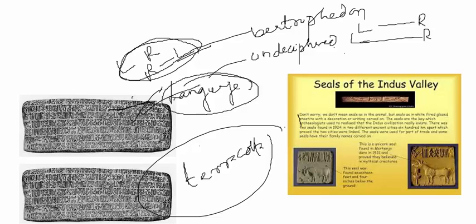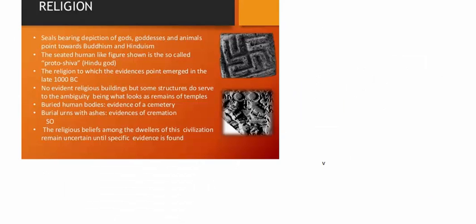Now we are going to focus on another important thing, what sort of god and goddess they were worshipping. Harappan people were worshipping Pashupati, that is the god of animals.